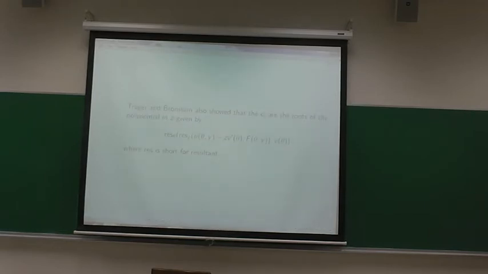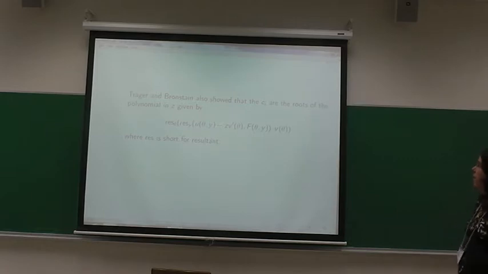So what do we know about these c_i's and u_i's? Well, Trager and Bronstein show that the c_i's are roots of the polynomial R(Z) given by the resultant in theta of the resultant in y of u of theta y minus Z v prime of theta f of theta y, and v of theta.